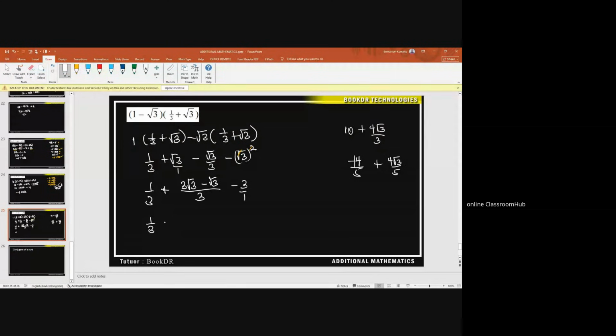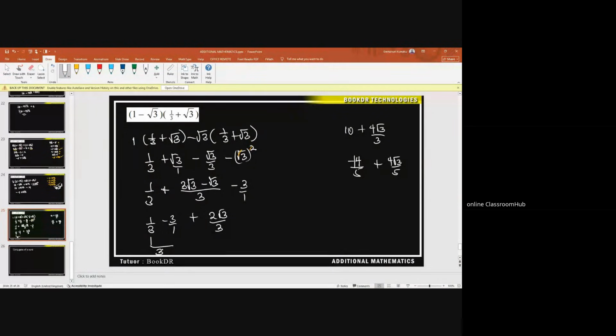So 1 over 3 minus 3 over 1. Here we can subtract the numerators. So 3 root 3 minus root 3 will give us 2 root 3 on 3. Then the whole numbers here, let's perform that subtraction. The LCM is 3. 3 goes into 3 how many times? 1 times, the top will give us 1.